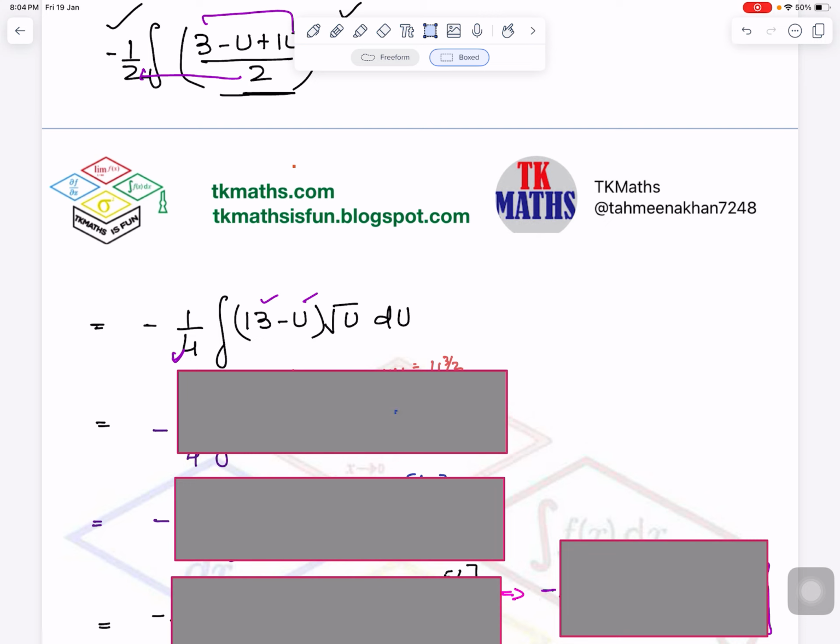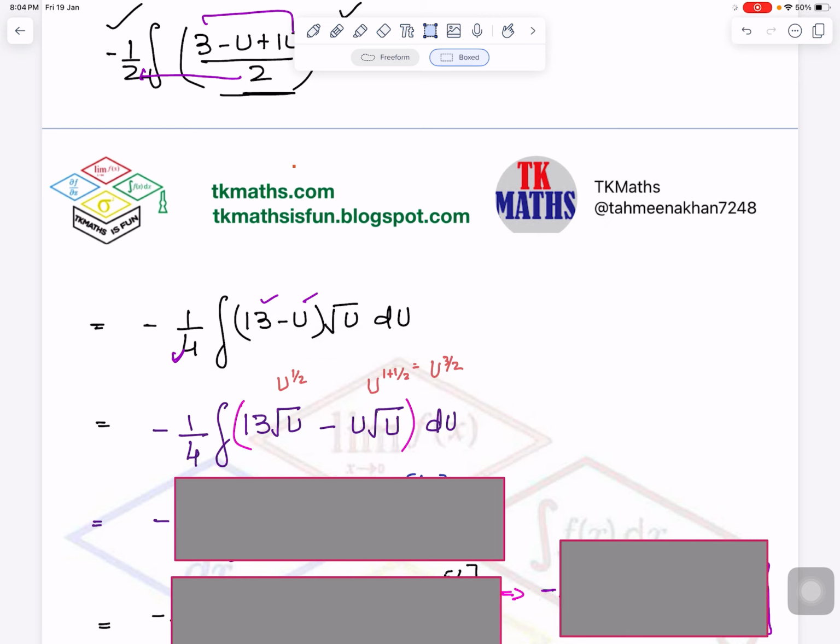You can do mental calculation. So I am multiplying 13 by root u, this one, and then u by root u. You know, u multiplied by root u is what? Apply the law of indices basically, right? Root u means u power half. So now I have 2 terms and I can integrate it easily.